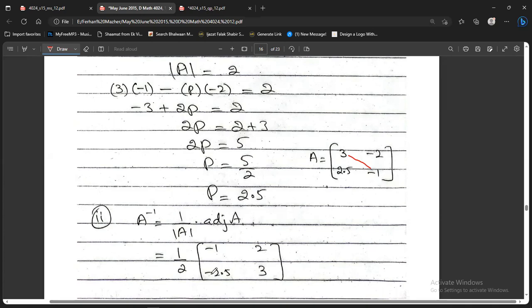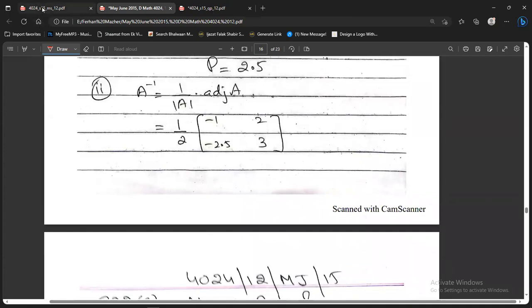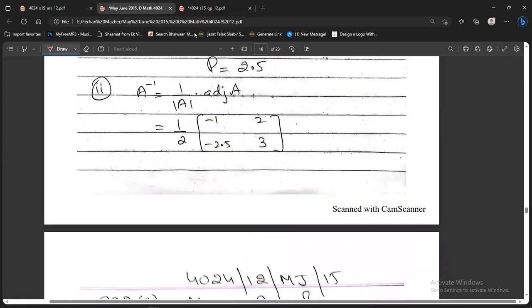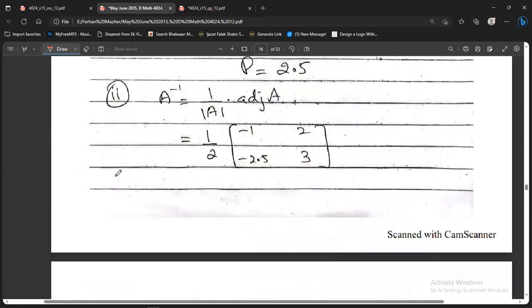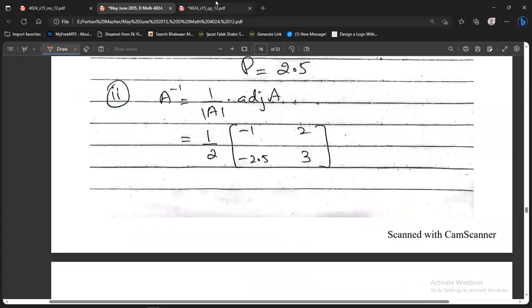So minus 1, 2, minus 2.5, 3. So this is my A inverse: 1 by 2 (0.5 means 1 by 2), minus 1, 2, minus 2.5, and 3. Look here. Our answer is right, sir. Right answer. Okay, so we are going to the next question.